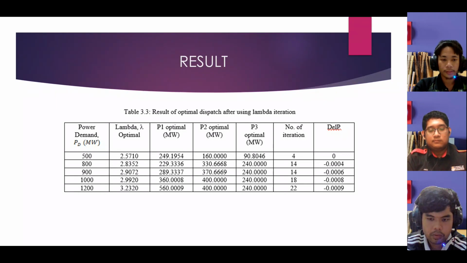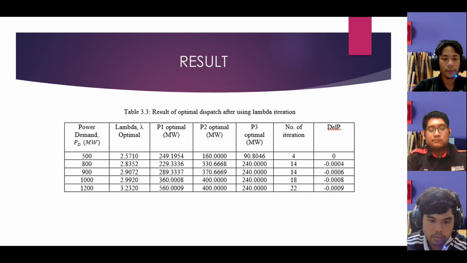For the 500 megawatt, the number of iterations is 4 because the delta P will get lower than 0.01, and the iteration will be stopped, because if the iteration goes on to 5 or 6, the answer will be the same as at iteration number 4.